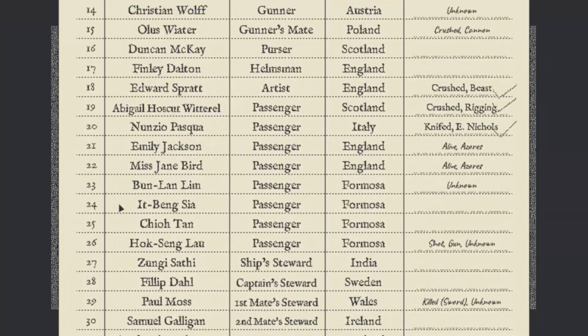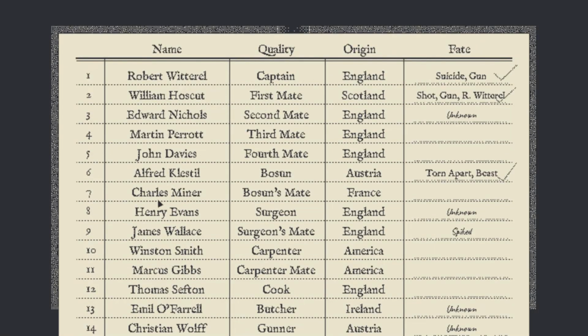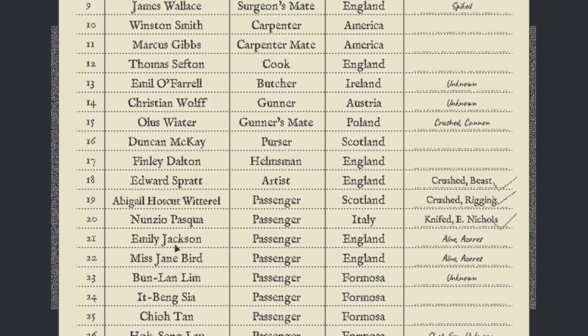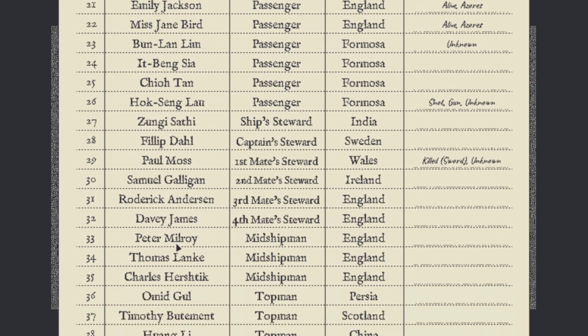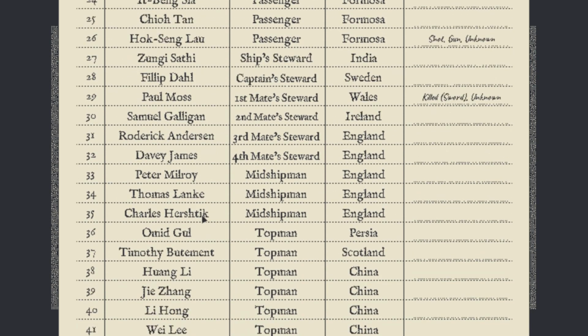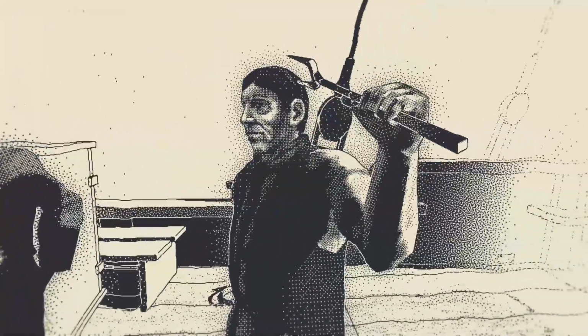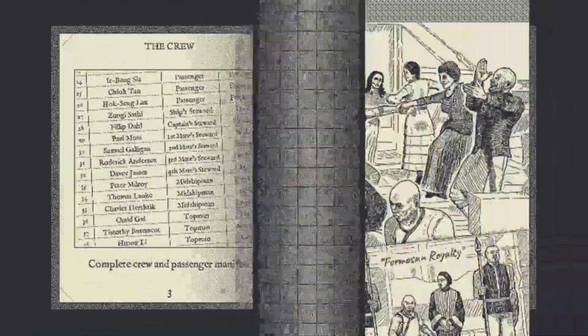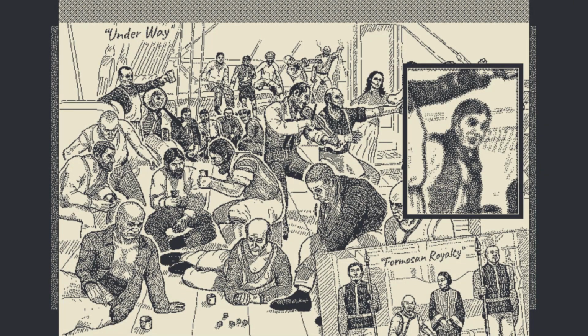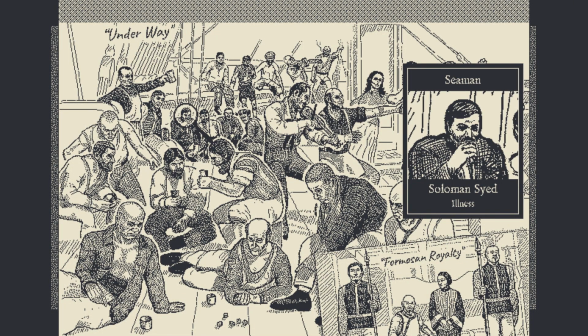I would have definitely remembered if it was Charles Minor, because the guy didn't speak with a French accent. So the person who did the head chopping must have been Charles Herstick. Which probably isn't this guy. But I could be wrong.